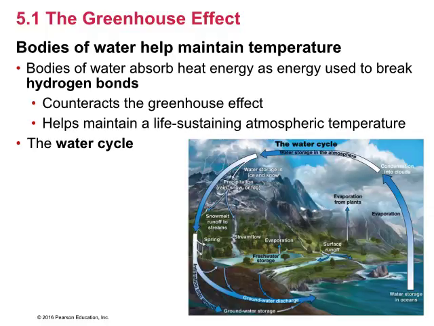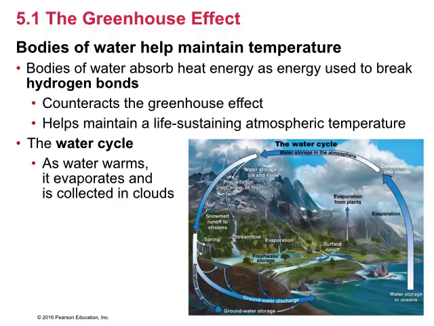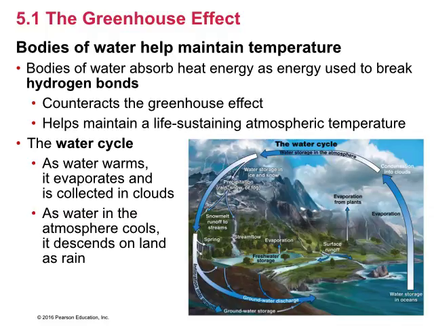So as water warms during the day and it's absorbing heat, eventually it will raise temperature a little bit, and the water on the very top of the ocean on the surface is going to evaporate. That evaporated water is going to be collected in clouds, and then as the atmosphere cools, that water is going to condense and descend on land as rain.